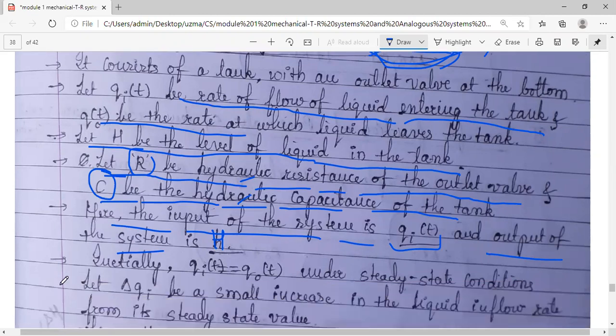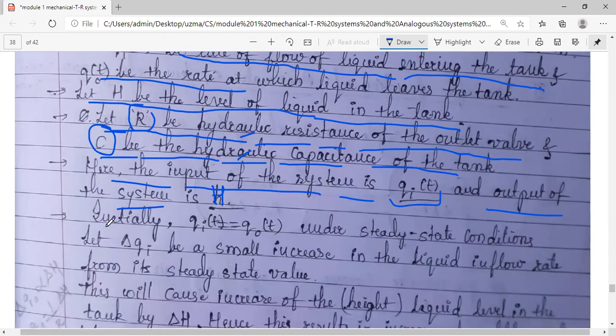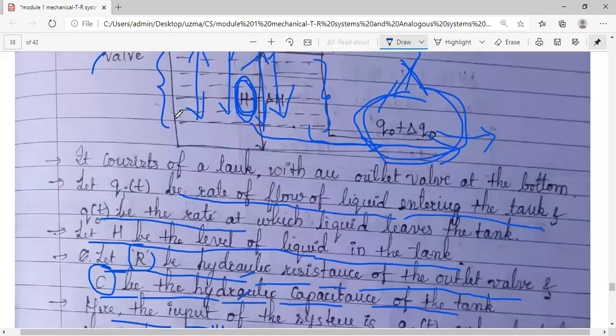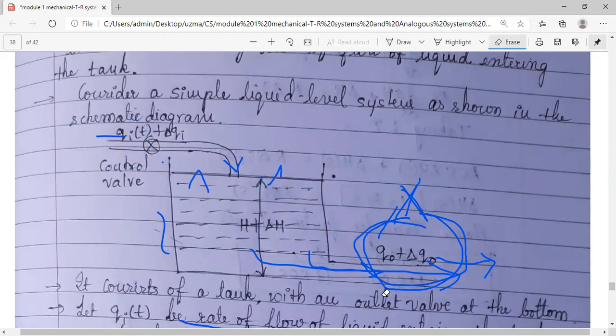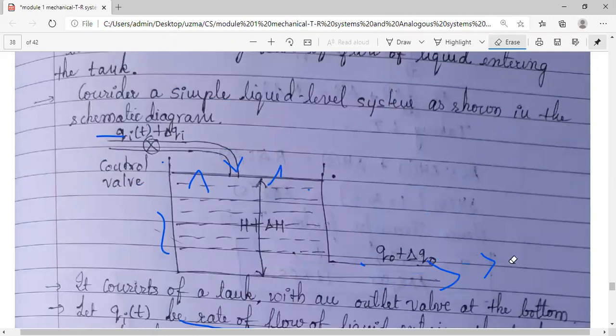Now in order to go for the transfer function, initially we will assume that the rate at which liquid enters through this pipe, rate in the sense of speed with respect to time, and the rate at which it is flowing out from the outlet, both are equal initially.